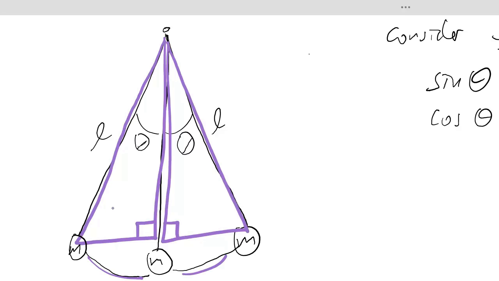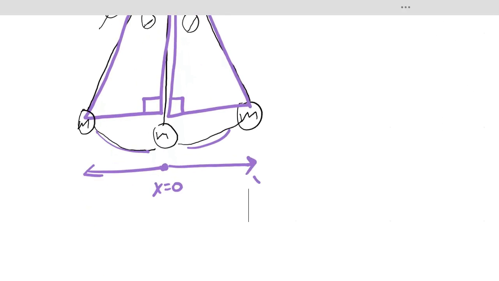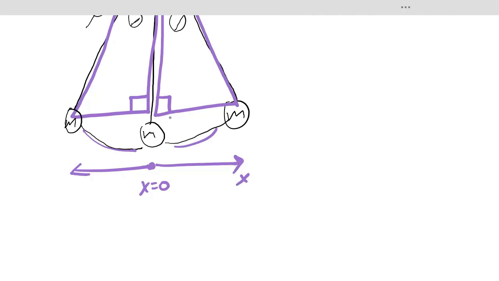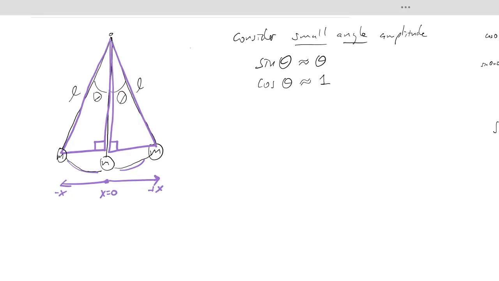I can call this x equals 0, below my point, and this is plus x, and this is minus x. So in the small angle case, instead of moving on an arc, my pendulum is just oscillating back and forth horizontally. It's not actually doing it, but we're doing this to simplify the calculations and see that mathematically, the small angle pendulum is no different than the mass going up and down on a spring.